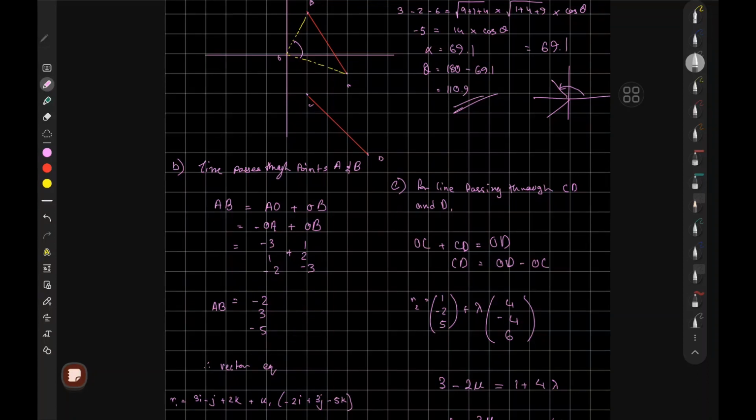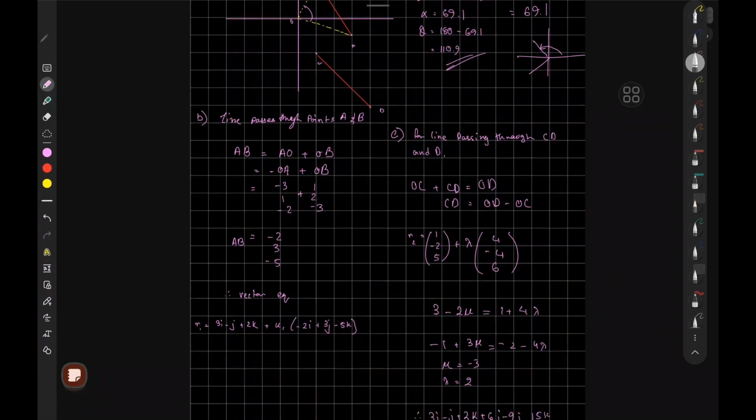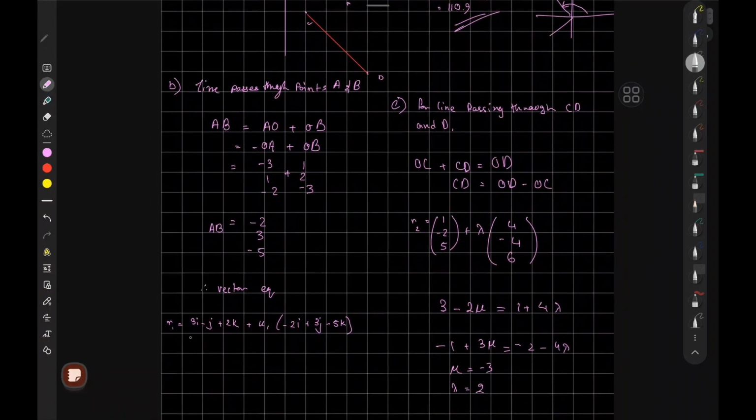Now, getting to the vector equation, this is the point you're starting from, A. This is the variable, or the constant, whatever you want to call it.